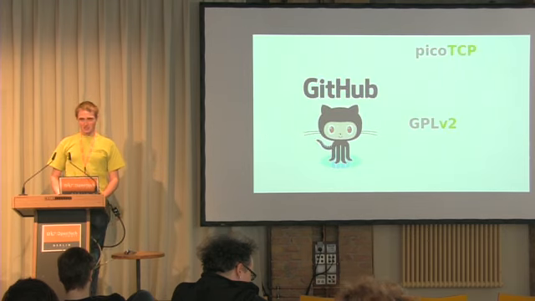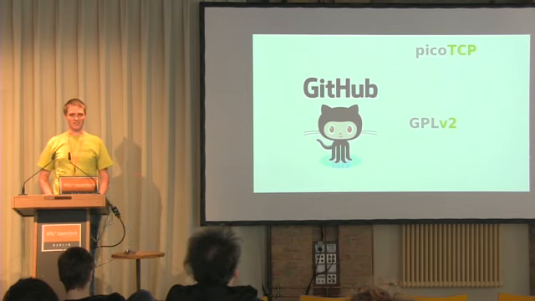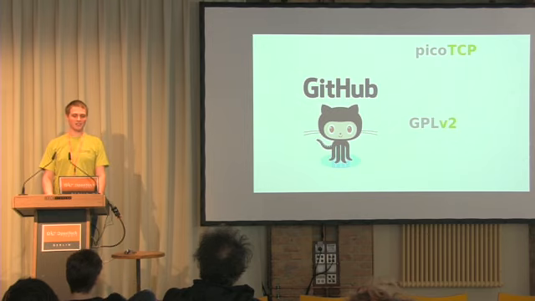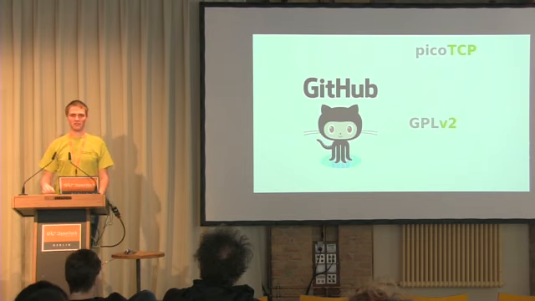And the last thing, and I didn't mention that yet, and if this slide would not be here, I would not even be standing here, is that picoTCP is available on GitHub under a GPL v2 license. And this is really important for not just a project like picoTCP, but I think for the whole world of the Internet of Things.